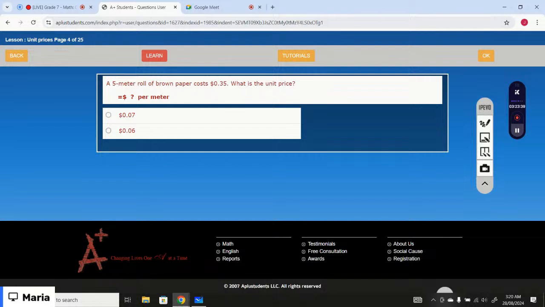A 5-meter roll of brown paper costs $0.35. What is the unit price? So which is the correct option?